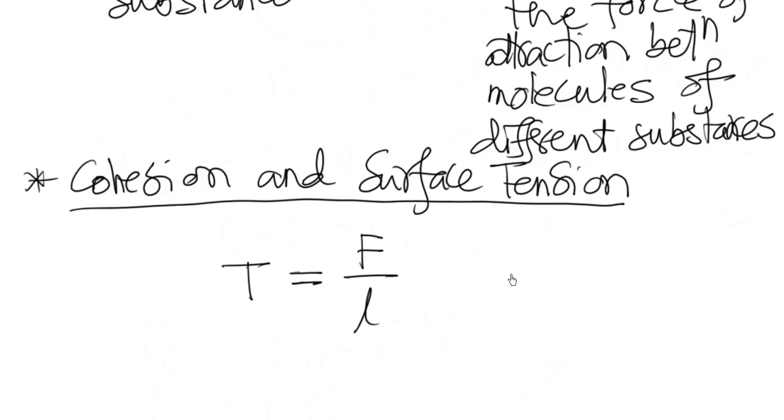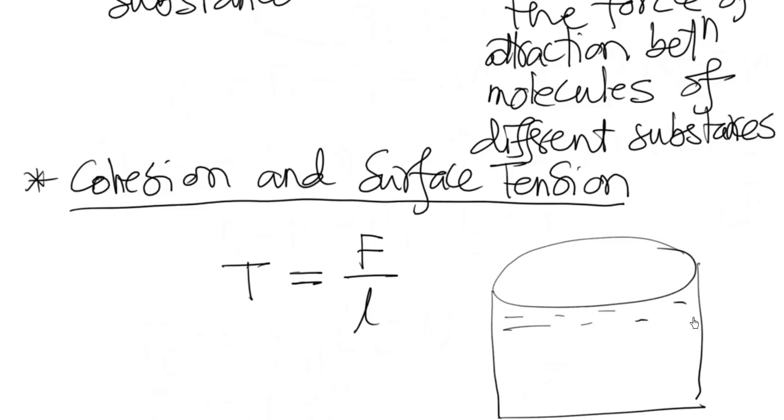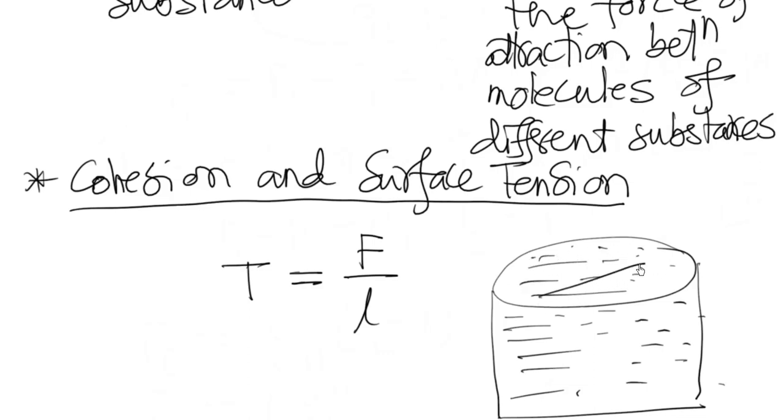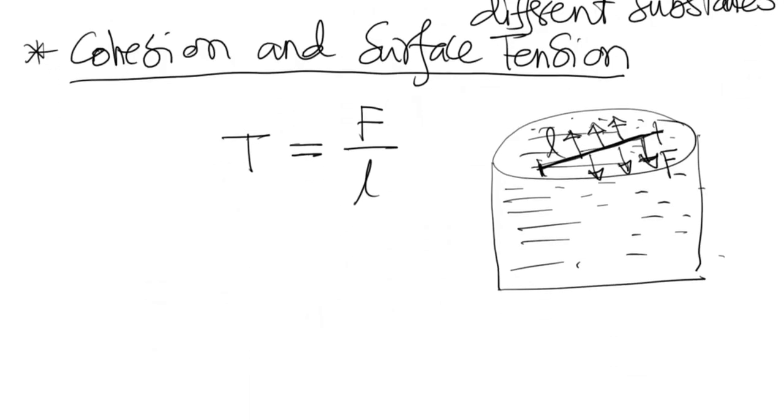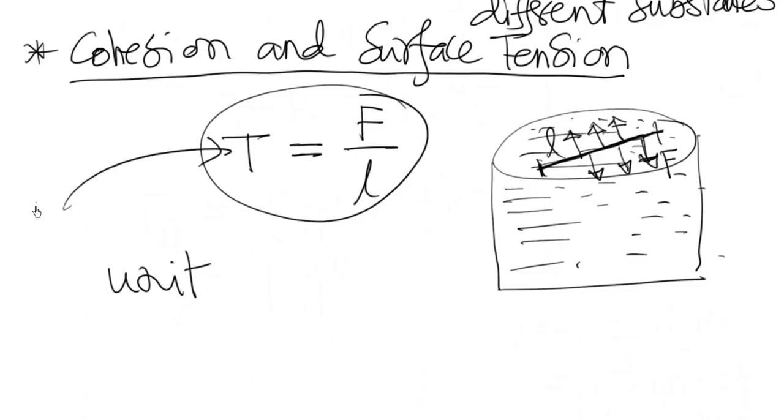So if you consider that we have a surface of a liquid here, and there is a straight line, and some attractive forces act on the molecules on the surface, and we consider these forces are perpendicular to the line, and if the length of this line is l, and the force due to surface tension is F, then the surface tension T is mathematically defined by this relation.